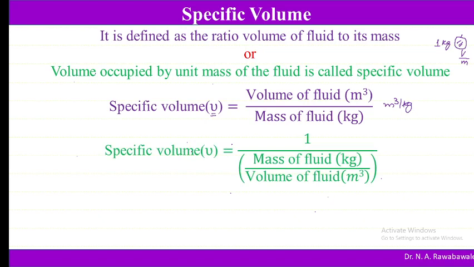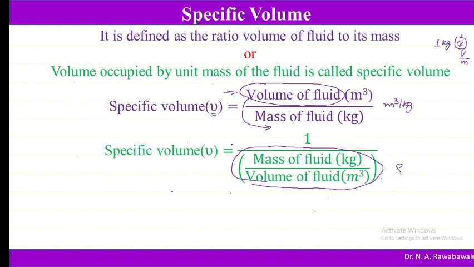This specific volume can be rewritten. The volume of fluid, which is in the numerator, if we transfer it into the denominator of the denominator, then it comes into the denominator. Therefore, rewriting this equation, mass of fluid is already in the denominator, but the volume of fluid, which is in the numerator, comes into the denominator of the denominator. Then this term, which we have defined as mass of fluid divided by volume of fluid, is known as rho.